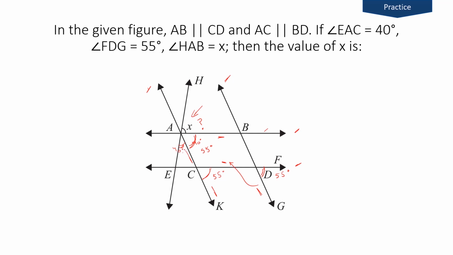We know that this is 40 degrees, that is 55 degrees, and the total of these three angles is going to be 180 degrees because these are on the same side of a straight line. So 40 degrees plus 55 degrees plus X is equal to 180 degrees. X is equal to 180 minus 95, so 85 degrees. Now these were some of the examples which we discussed so that we understand the concepts in a clearer way.